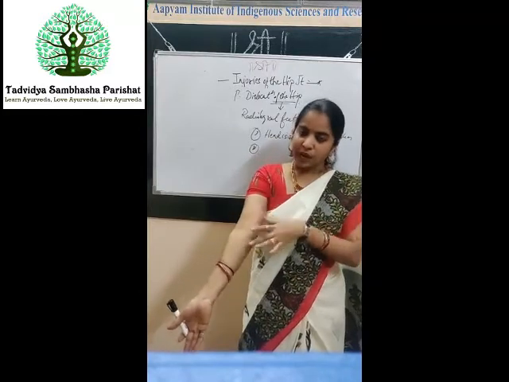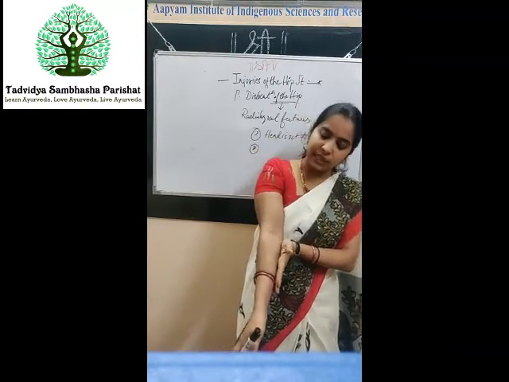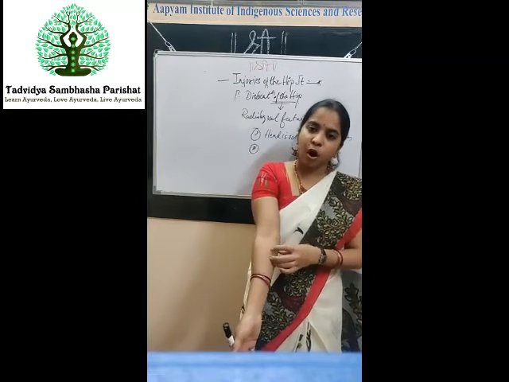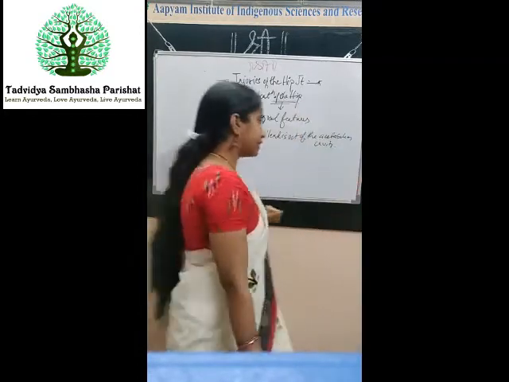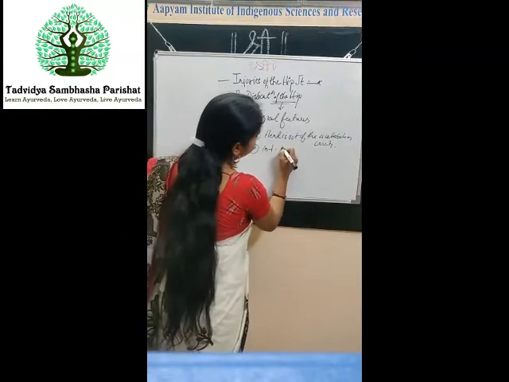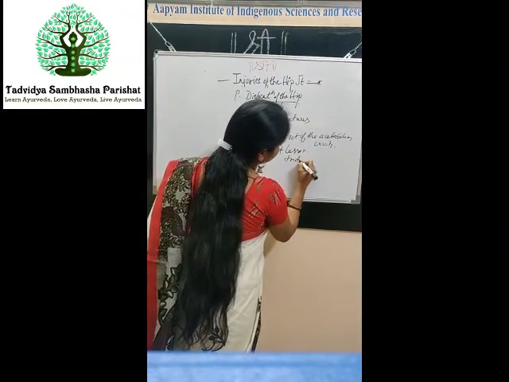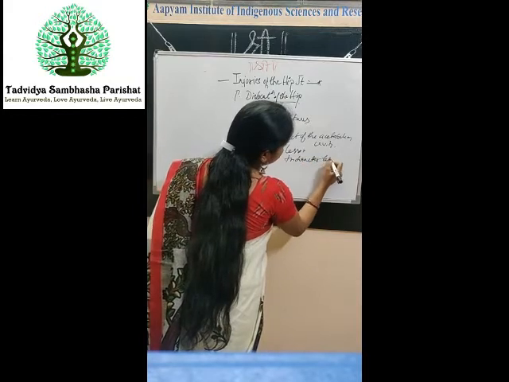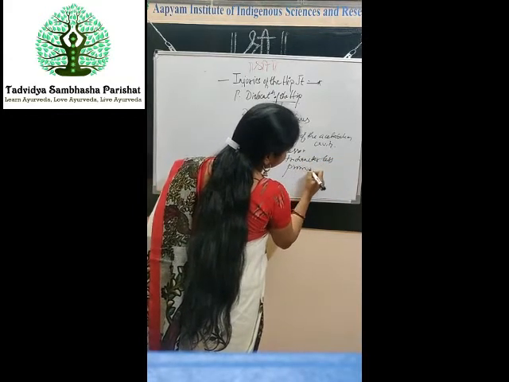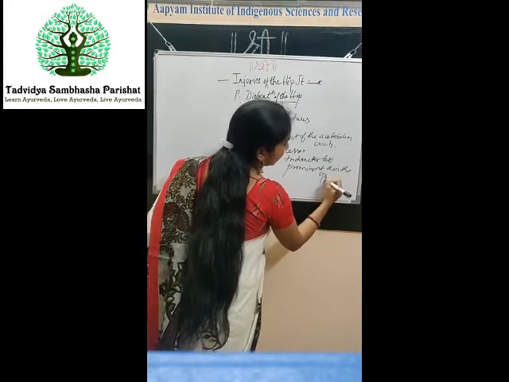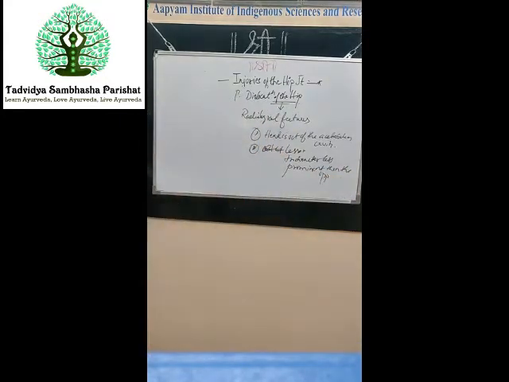Why? The part where the lesser trochanter is, is internally rotated. So when you take an X-ray, it is less prominent compared to the opposite side. So the lesser trochanter is less prominent than the opposite limb. This is the second one.